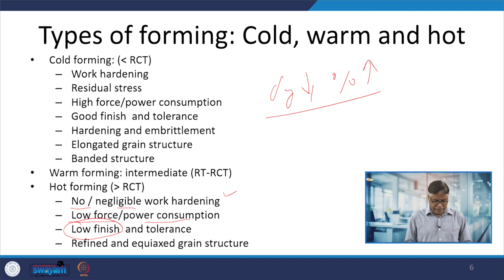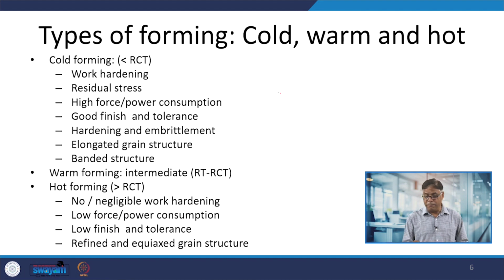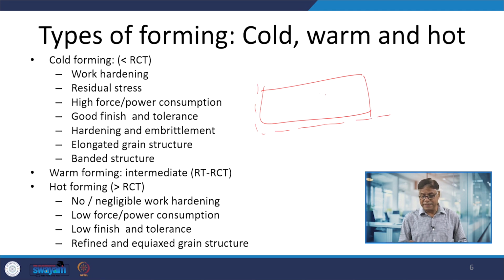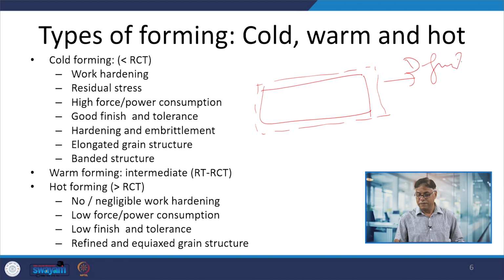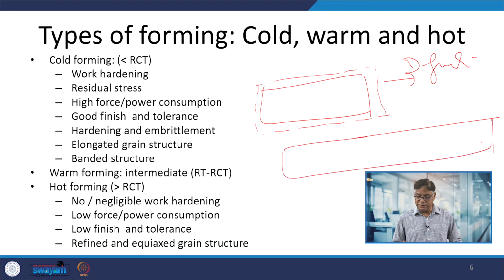Okay. And as I have explained, in hot forming the metal is to be heated first. So, when we heat, there is an increase in the dimensions of the product. With the increased dimensions, it will be subjected to the deformation, and obviously it will take a certain shape. Thereafter, it will be cooled down to room temperature.